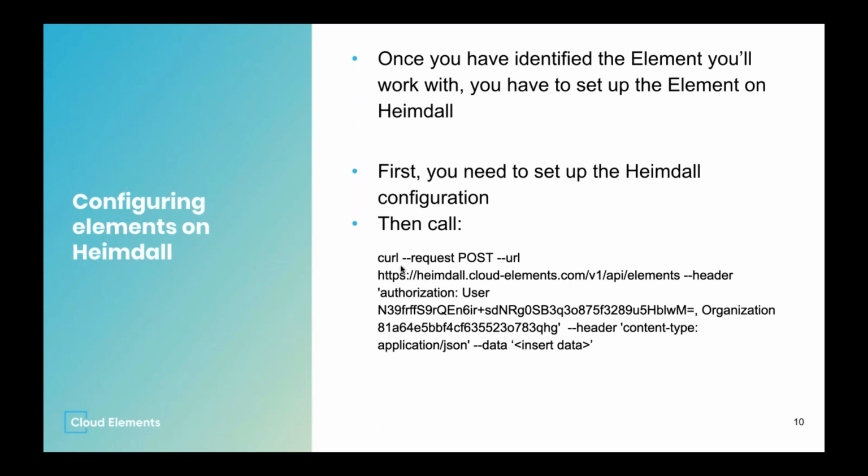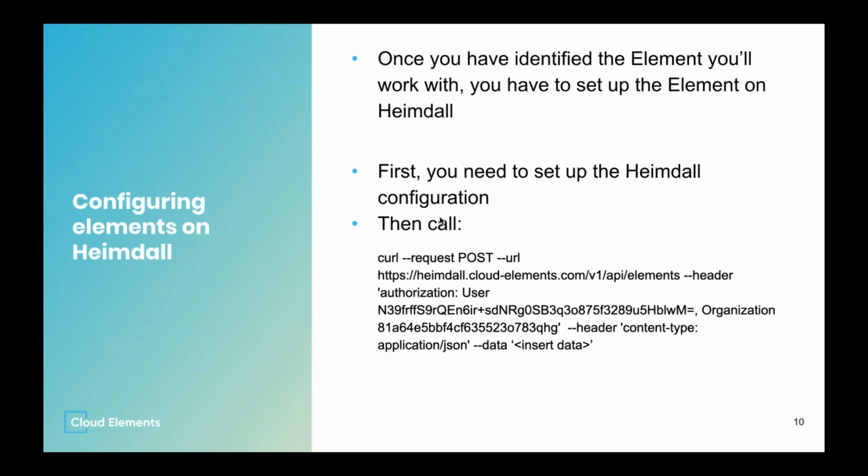So this one is, again, the production Heimdall, but you could replace this with the staging Heimdall or where you're hosting your Heimdall. And then you have to have authorization, user and organization authorizations. These are just made up ones for examples. And then you would insert the actual configuration for that element.